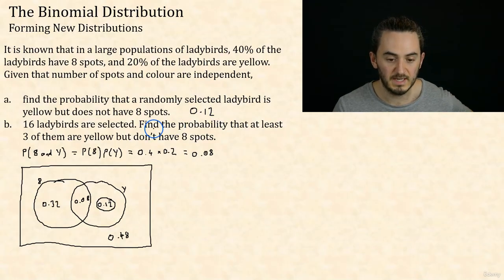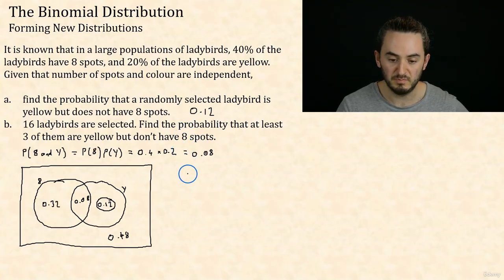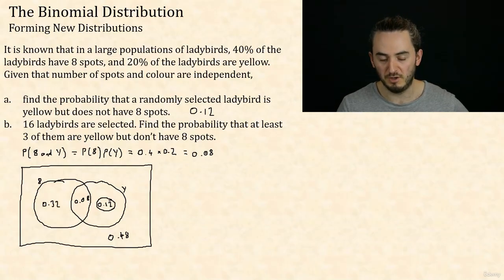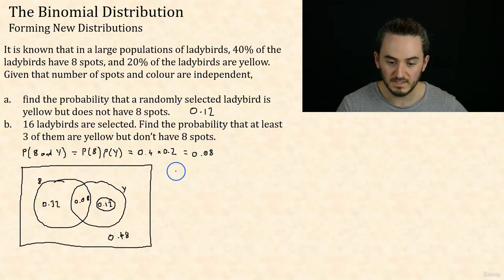Now, 16 ladybirds are selected. Find the probability that at least 3 of them are yellow but don't have 8 spots. So this is a binomial question. It's binomial because I've got 16 trials, the ladybirds, and they're either yellow but don't have 8 spots or not. So write down my distribution.